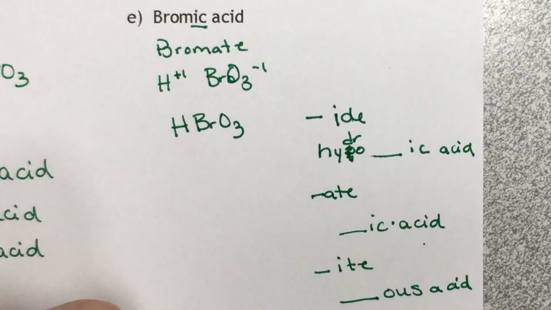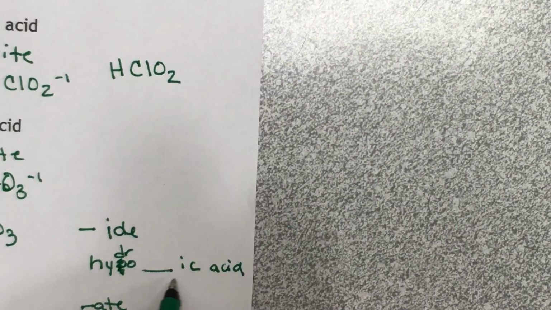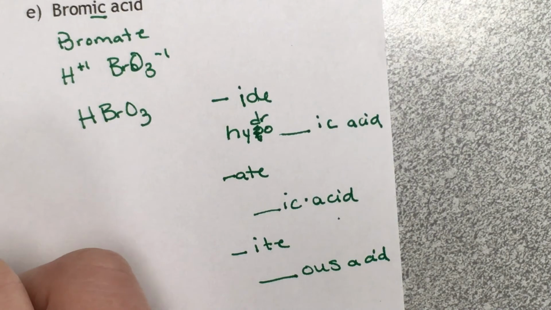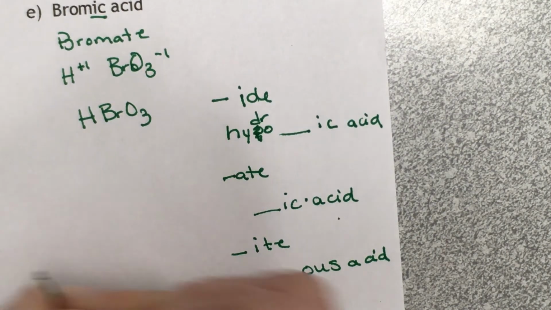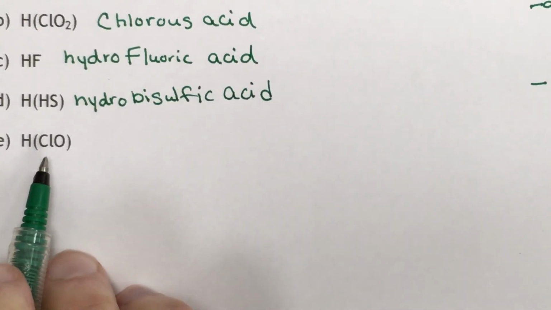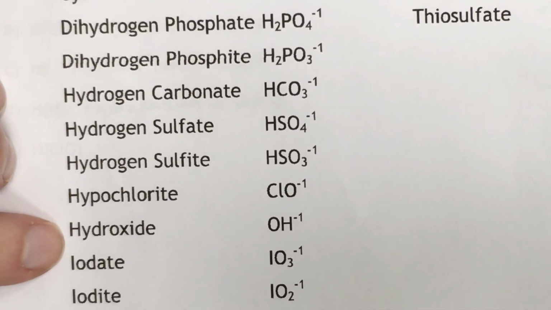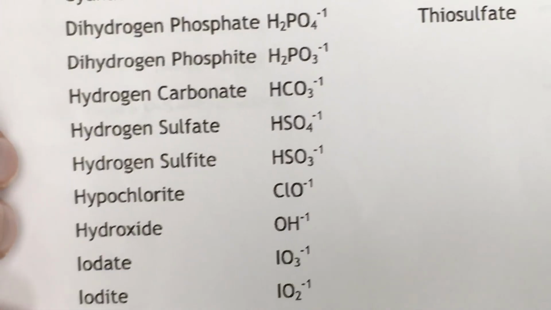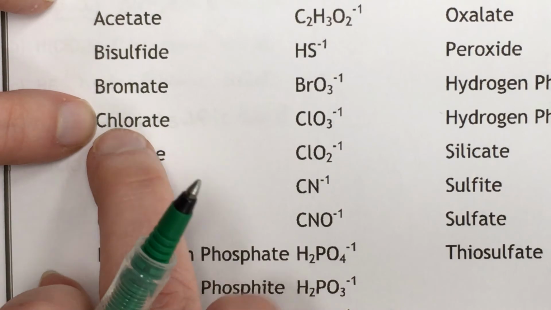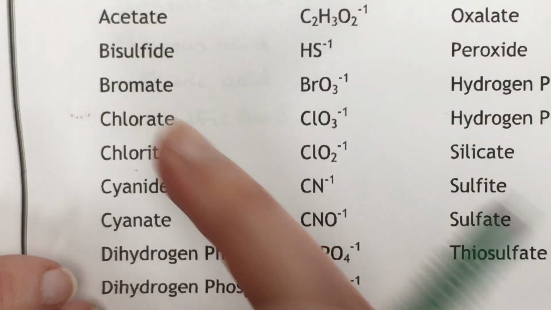Okay, so we have hydrobisul, and we're changing the ending to IC, acid. Then we have this last one, HClO3. That's not an element, so it's on our ions. ClO3 right here. So it ended in ATE, okay?